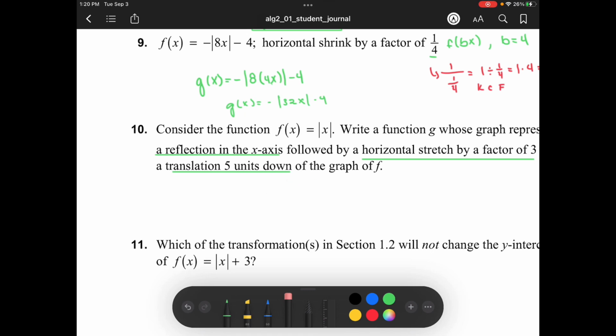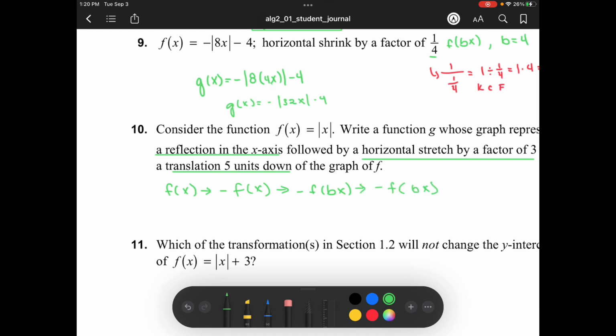And I'm actually going to write the order of my transformations over on the side here. So I'm going to have f of x, and then if we do a reflection, that's going to give us a negative f of x. Then we're going to do a horizontal stretch by a factor of 3. And then we're going to translate 5 units down.